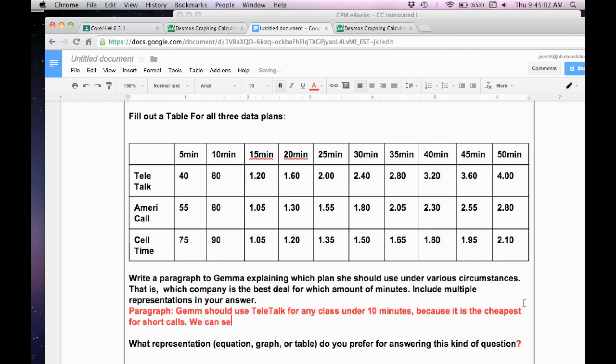We can see this in the table. Here, we see it in the table at 5 minutes.